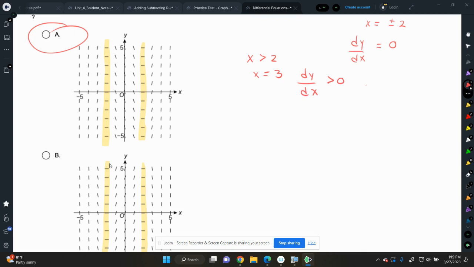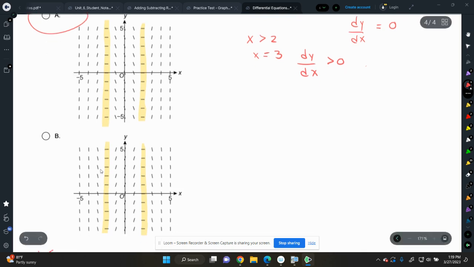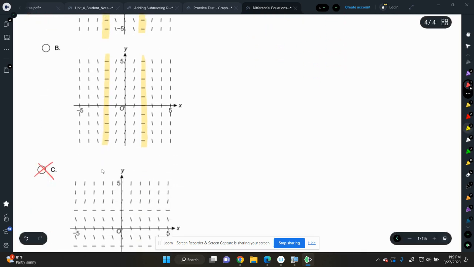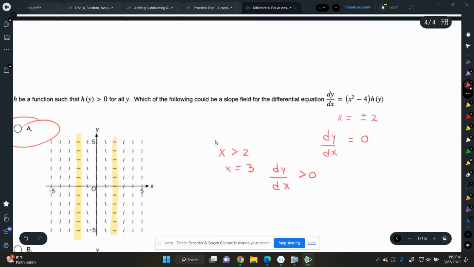Say it again. So if you look at choice B, look at the slopes when x is negative 3. All of these slopes are negative. These are all negative slopes. I don't even need to know what h of y is.